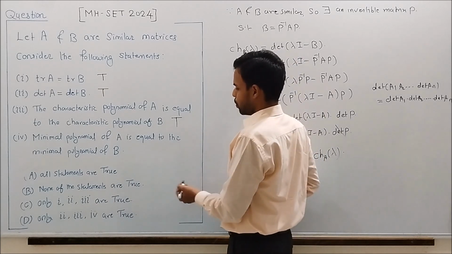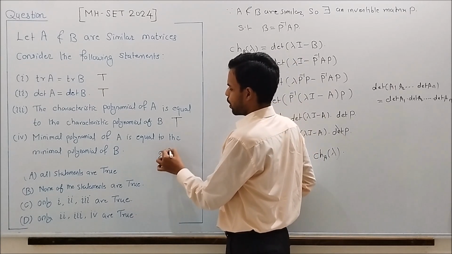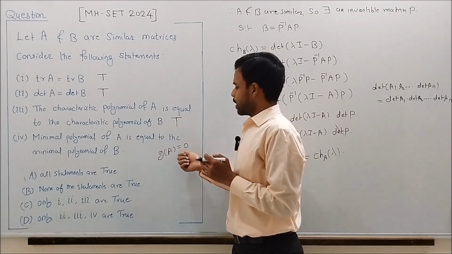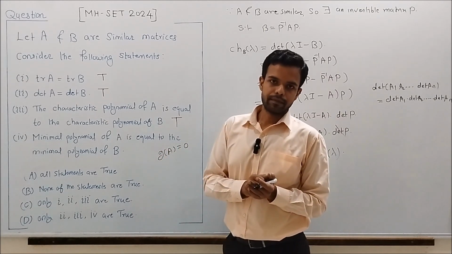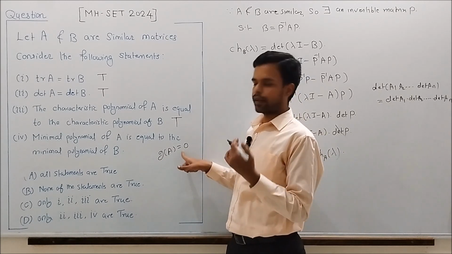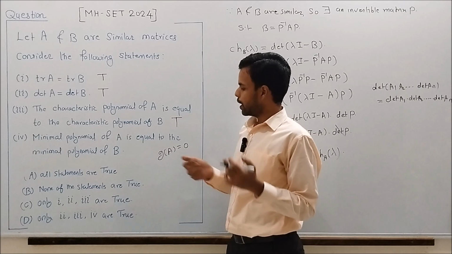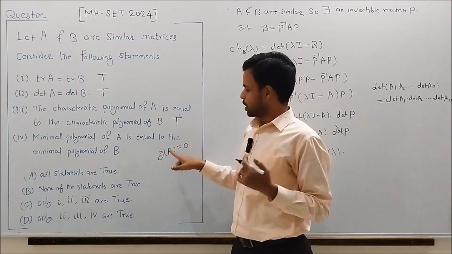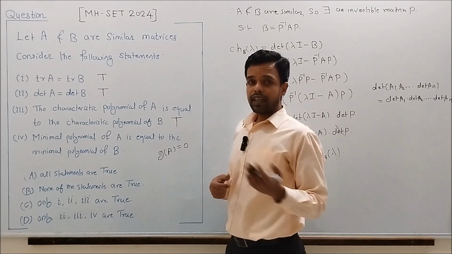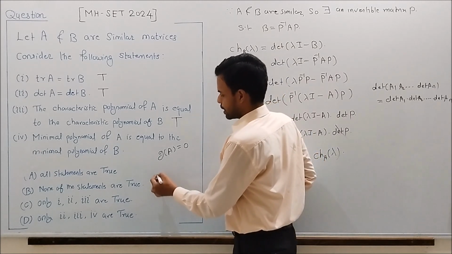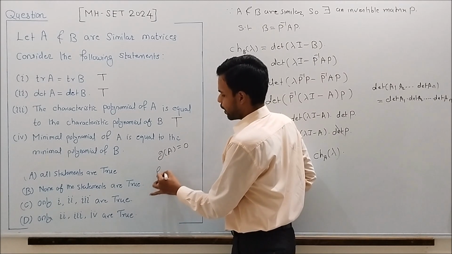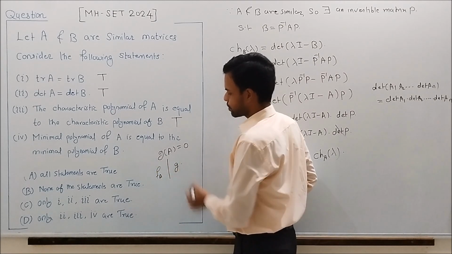For example, suppose g of A equals 0. That is, g is a polynomial such that A is a root of g. Okay, g of A equals the 0 matrix. This is not a usual 0, this is a 0 matrix. Then the result that I have said here is that the minimal polynomial of A, say fA, divides g.